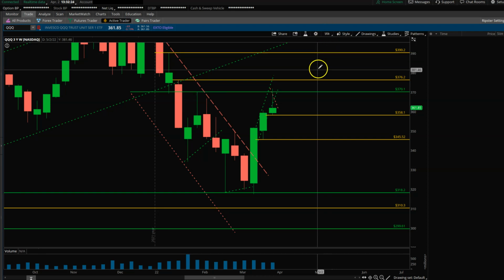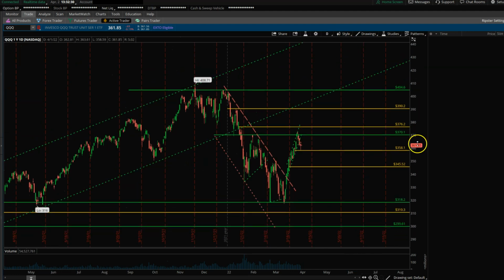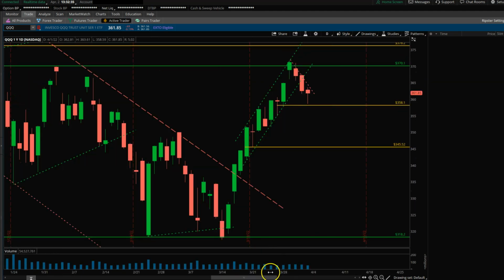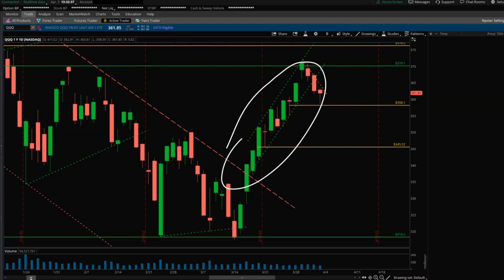But on the downside, if it tries to break down below 358, if I bring a daily chart here, you can see the way it's been trading. The past few weeks, a couple of weeks were all majorly bullish trend bars in the daily time frame, and any bearish day you would not see any follow through to the downside.